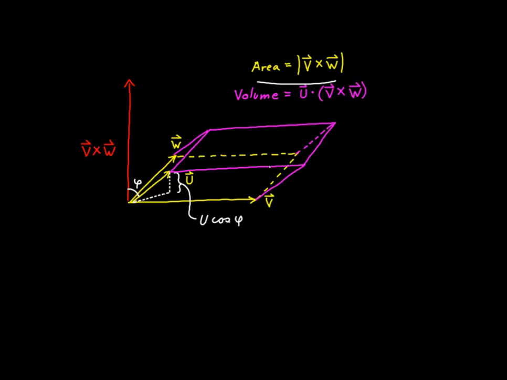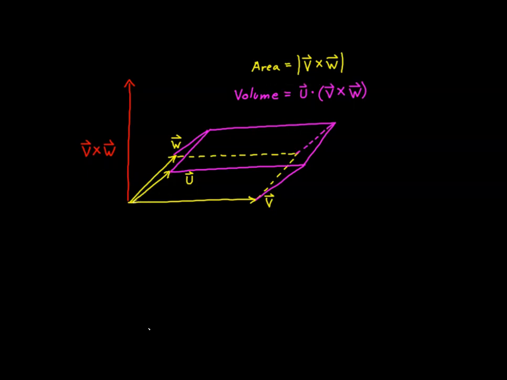The volume of this parallelepiped is going to be the dot product of our new vector u with the cross product of v and w, because this volume is going to be the magnitude of u times the magnitude of our cross product times the cosine of the angle between them. So this expression is what we'd get if we multiplied u cosine phi times the magnitude of this.